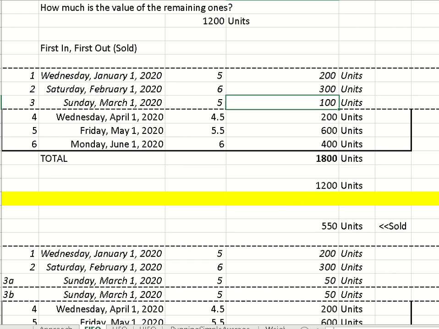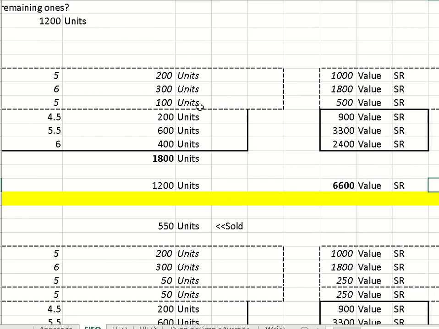So if we are now going to compute the amount of items still in the warehouse, then we have to multiply 4.5 times 200, 5.5 times 600, and 6 times 400. So basically, we will have this amount: 900, 3,300, and 2,400.